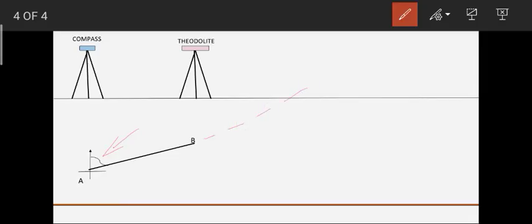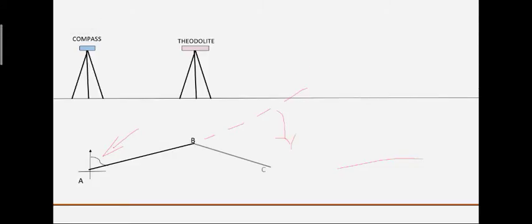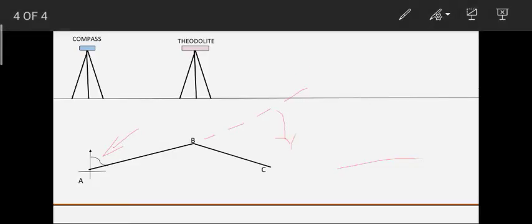Then measure the angle for the point C. Now you are looking in this direction, so you are going to turn the telescope towards the point C, right? And this angle you will get, suppose x degrees.